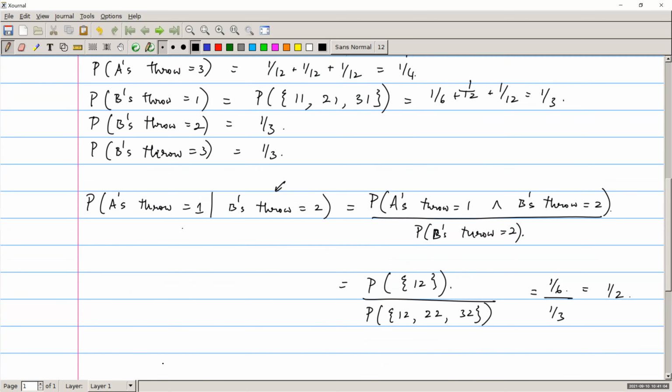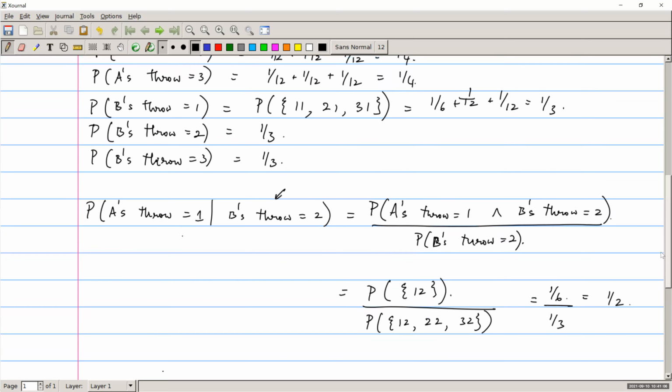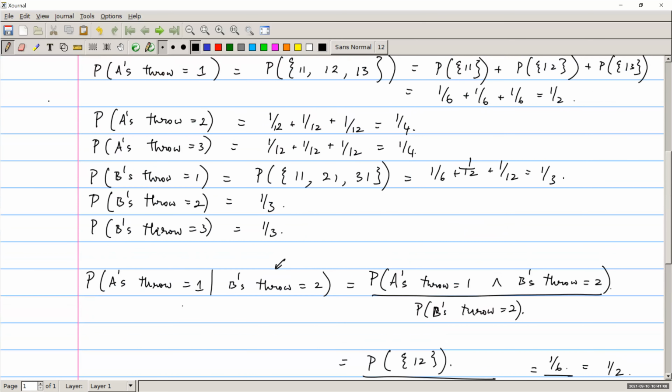When we were not given any information on B's throw, and were just asked the probability that A's throw equals 1, we said it was 1/2.